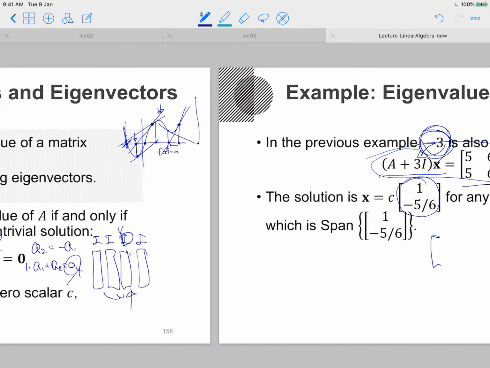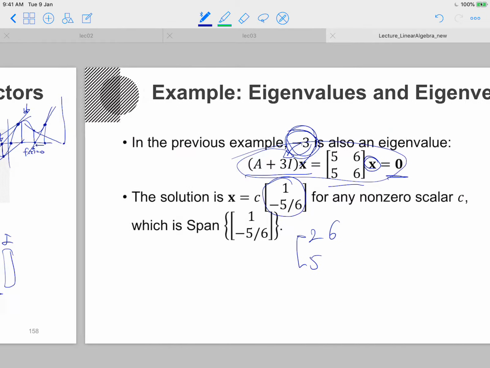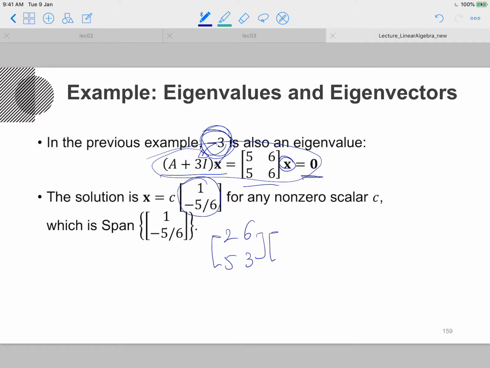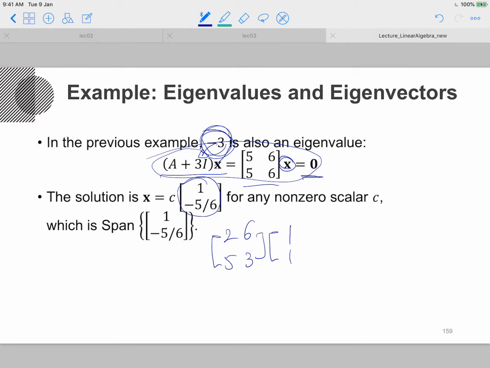Given this original matrix as 2, 6, 5, 3, on the right, let's place each eigenvector that we found as the columns of this matrix. The first column will be this guy, 1, 1, which is the first eigenvector, and the second eigenvector is found as 1 and negative 5/6. Okay, so this is matrix A, and let's call this matrix V, whose columns are our eigenvectors.